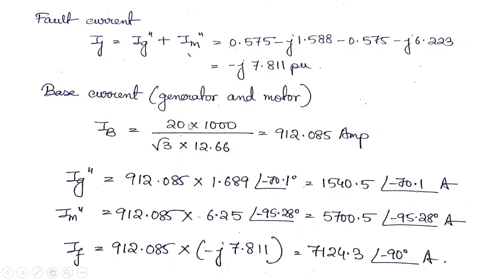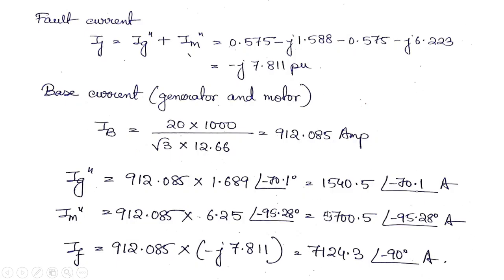Now what is the base current for the generator and motor? That is Ib is equal to 20 MVA, so 20 into 10 to the power 3 by root 3 into 12.66, which is the base voltage at both the generator and the motor end. So this is our base current. When we multiply the per unit currents with the base current, then we will get the actual value of the currents.